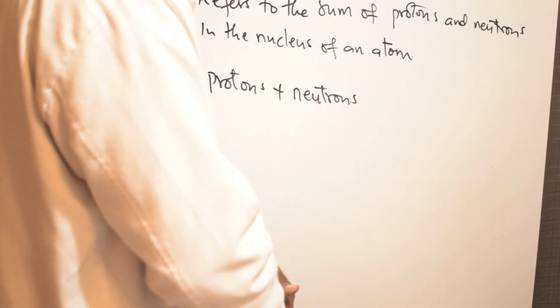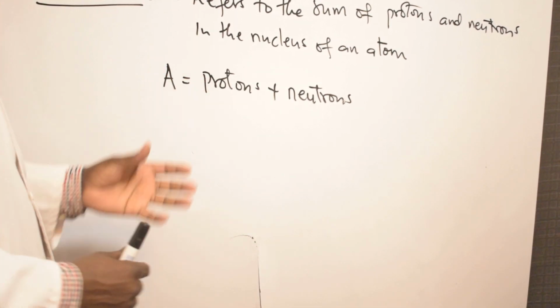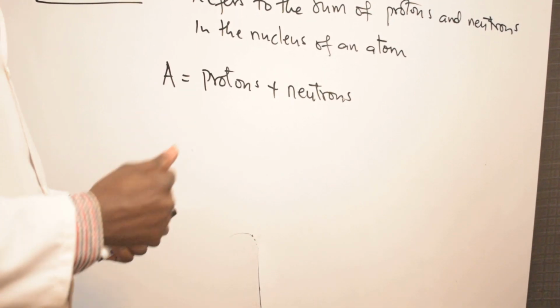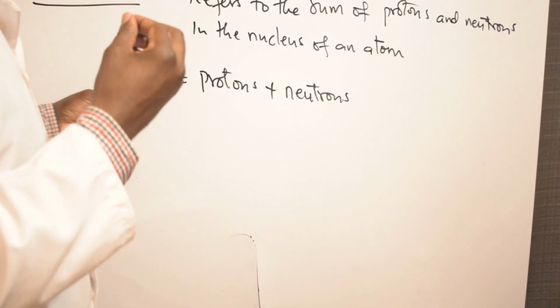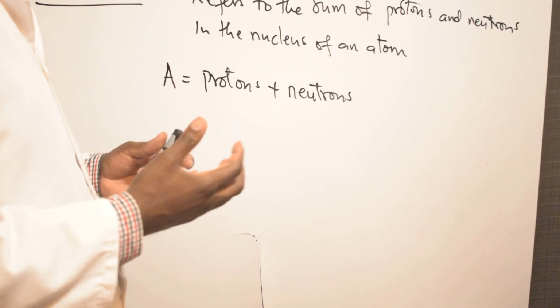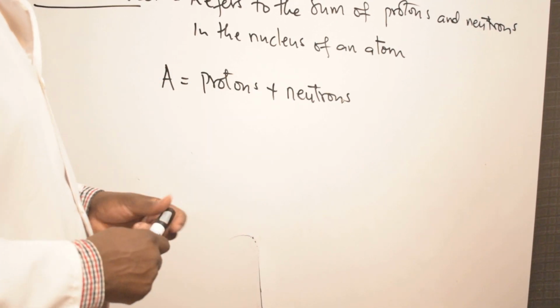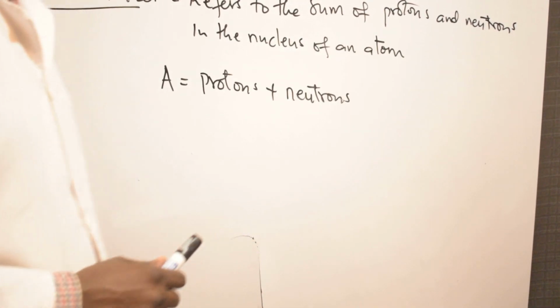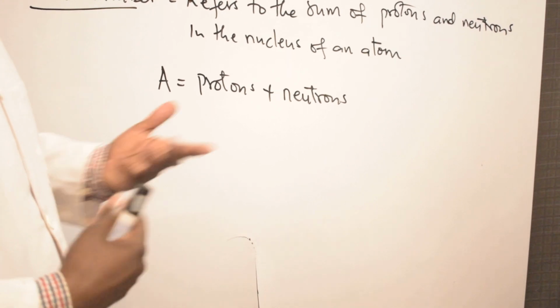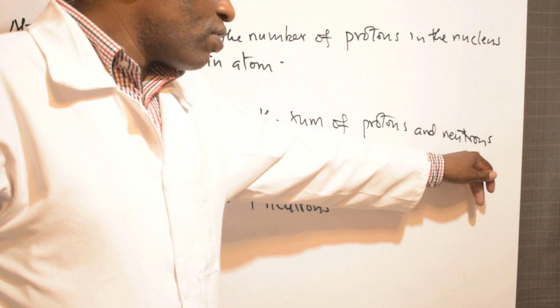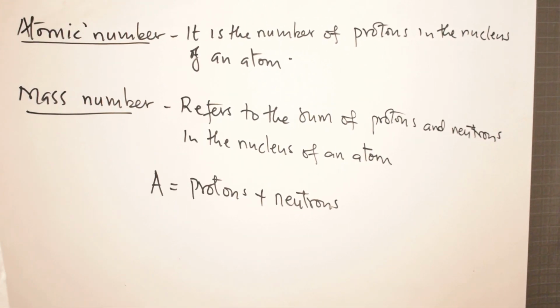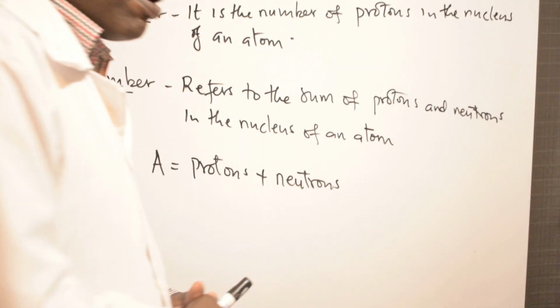Maybe it's also important to mention that there are times we can have an element with atoms with the same atomic number. In other words, the atoms have the same number of protons. But because of a difference in the number of neutrons, the mass number may change.